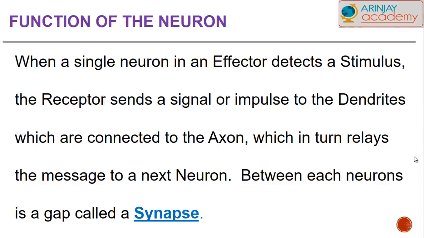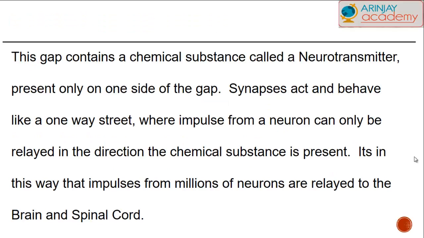This space or gap is called the synapse. The synapse contains a special chemical substance called a neurotransmitter, which is present only on one side of the gap.